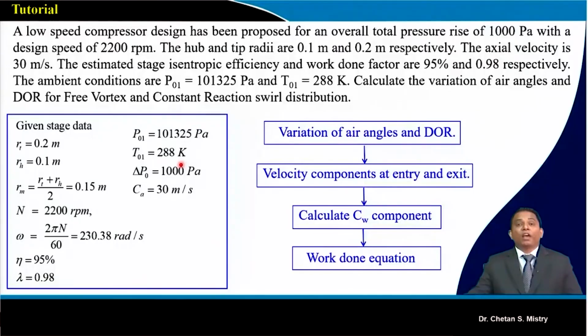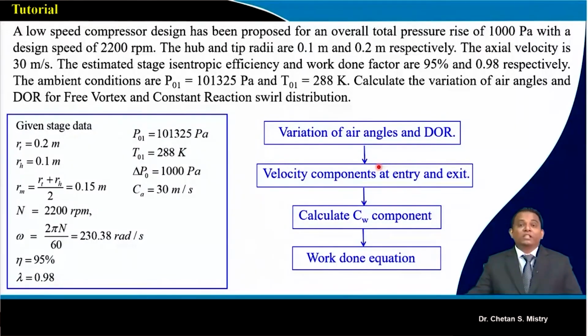Now what we are looking for is the variation of my air angles and degree of reaction. If we are looking for air angles, we must know the velocities at the entry of my rotor and the velocities at the exit of my rotor.